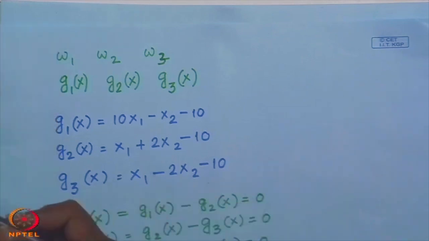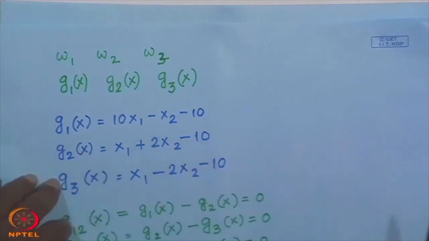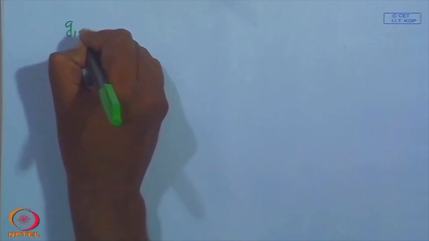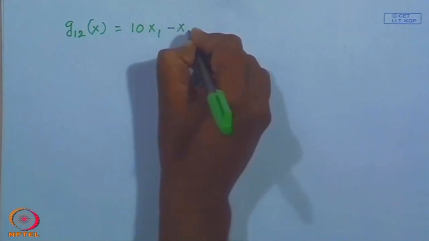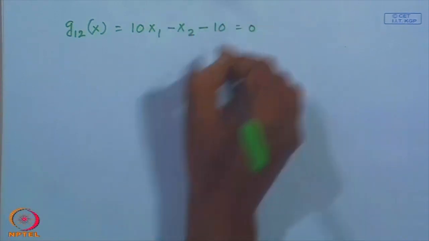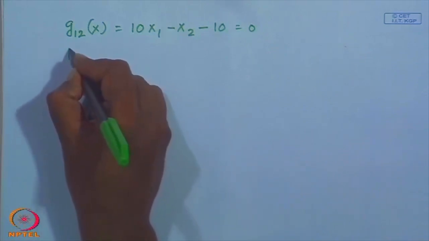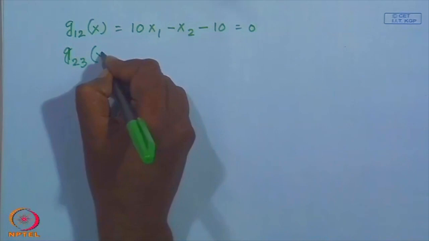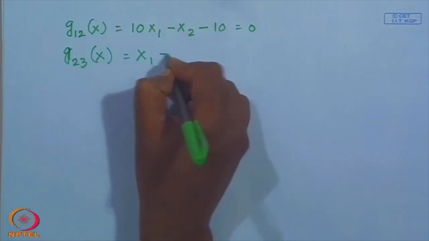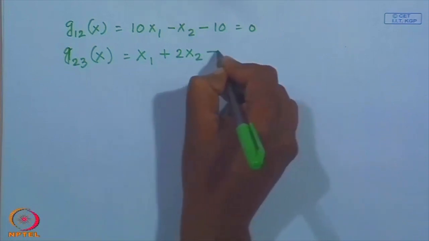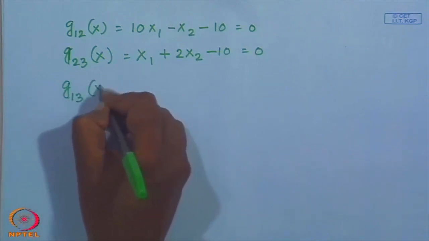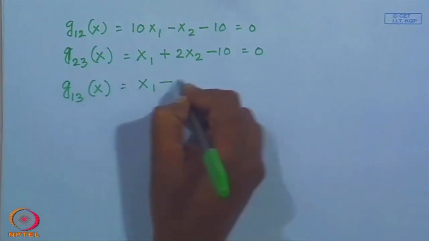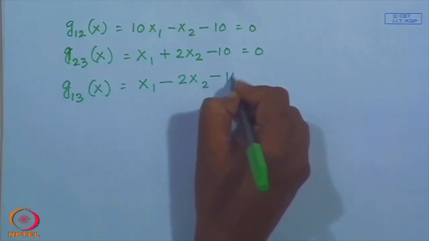In other words, what I mean to say is, if I take say G12x is equal to 10x1 minus x2 minus 10 is equal to 0, G23x is equal to x1 plus 2x2 minus 10 is equal to 0, and say G13x which is x1 minus 2x2 minus 10, which is equal to 0.